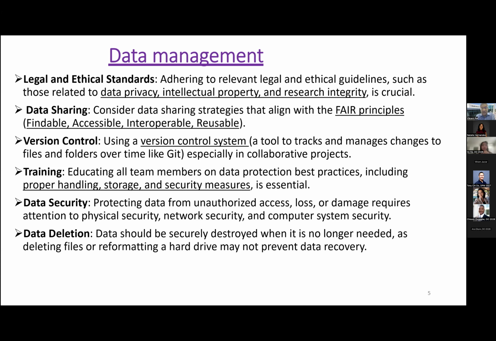Then data sharing, with whom you can share the data. Obviously, the persons involved in the research, you can share the data with them. Then if you are publishing that data, and somebody is asking for that data, then you have to share the data if the grant is federally funded. If you are using your own grant, or if it is a university grant, or a company grant, then you don't need to share the data publicly.